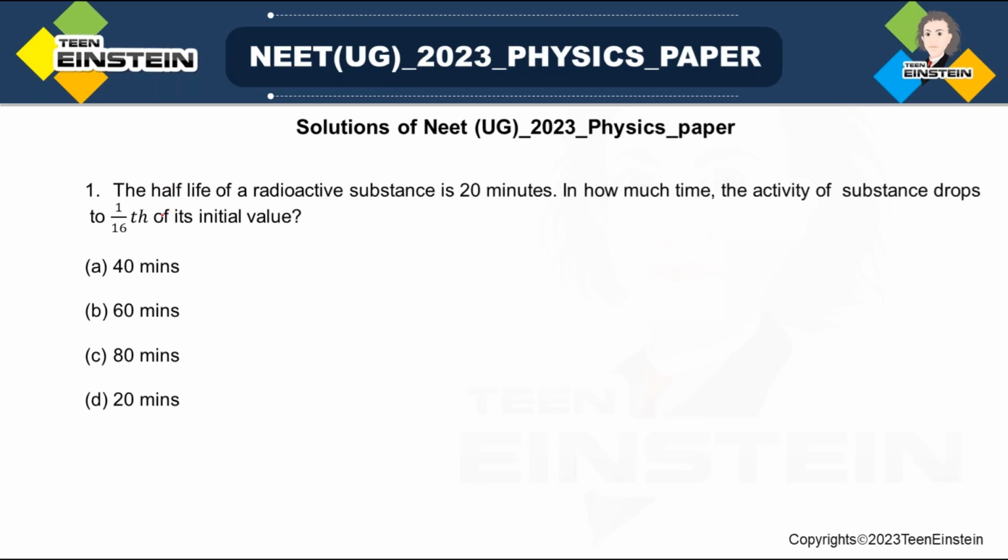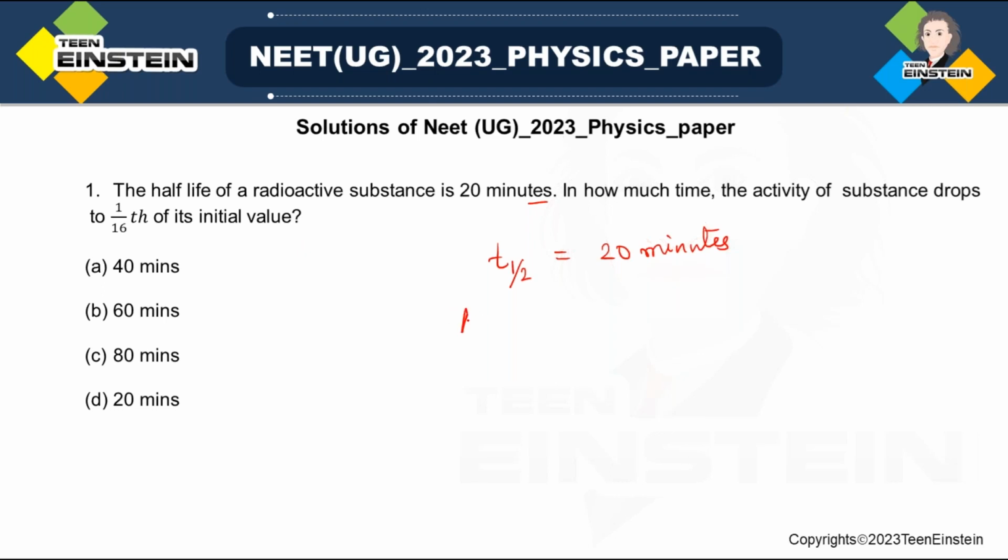So the first question says, the half-life of a radioactive substance is 20 minutes. That means T half is 20 minutes. In how much time does the activity of the substance drop to 1/16th of its initial value?